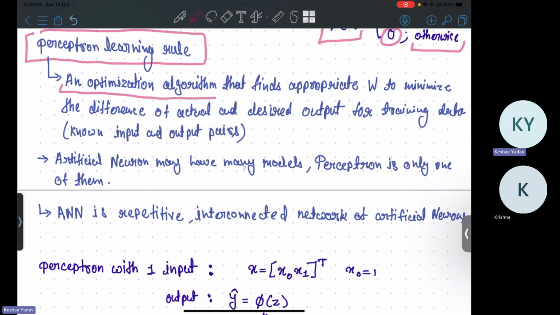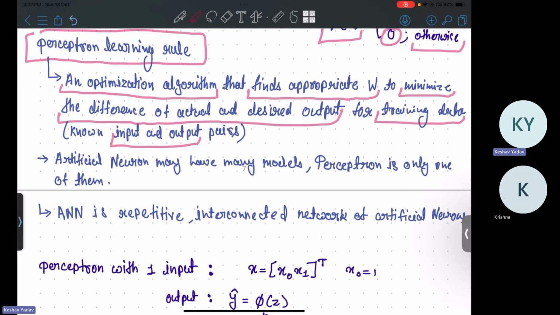An optimization algorithm that finds the appropriate W to minimize the difference between the actual and desired output on training data. So here we have known input and output pairs. Based on that, we will find the appropriate W that gives the minimum difference between the predicted value and the known value.